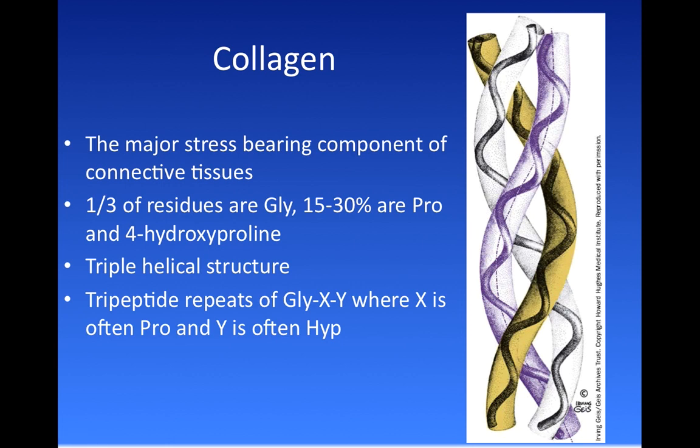Now, if we think about the structure of collagen, it is based on a triple helix structure. Here's a good picture of it on the right side of the slide. We've got 3 polypeptides that wrap around each other into a triple helix, very different than the keratin.